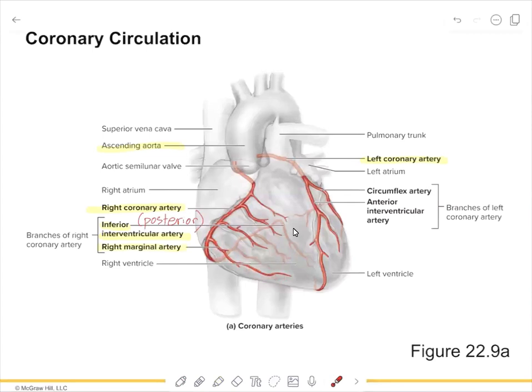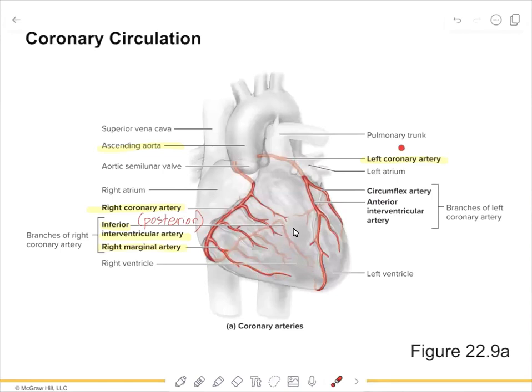So the inferior interventricular artery is actually going to be on the posterior side. The reason it's shown as a lighter color here is because it's on the back of the heart. And again, the right marginal artery is going to go down here to the area of the right ventricle.